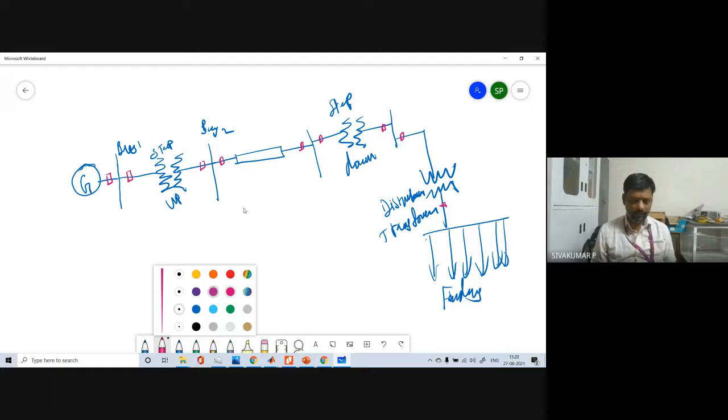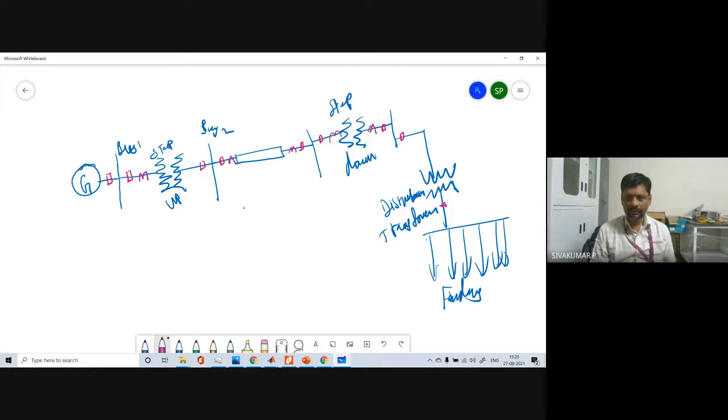I am going to fix one CT here. Again, this is the CT, and this is the CT we are going to connect. So again, this is the one CT which is available.